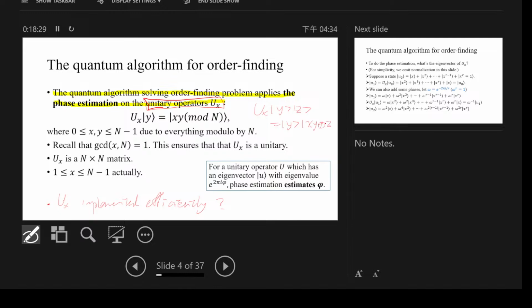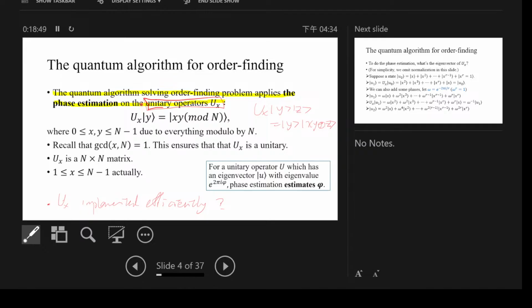This is pretty standard. But if you want to erase your y information, then it gets more tricky how to implement this U_x. But let's ignore that for now and think about what we can do if we can implement this U_x efficiently.